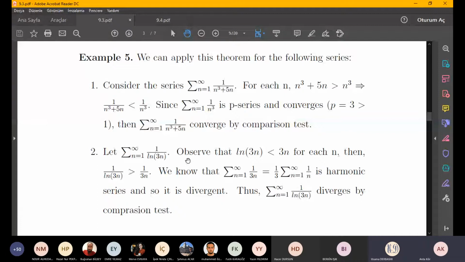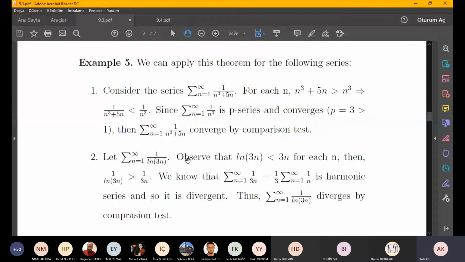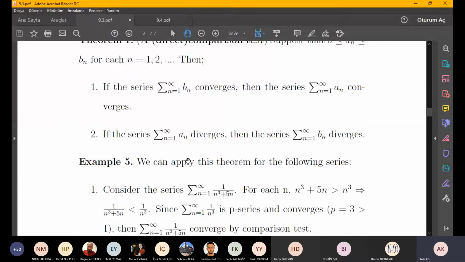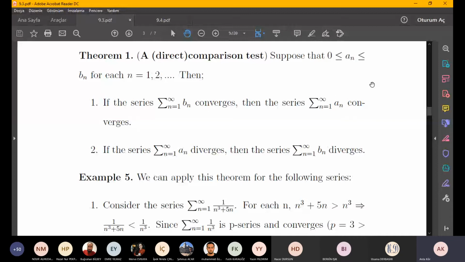Let me see how that fits in. But the condition is this one, right?